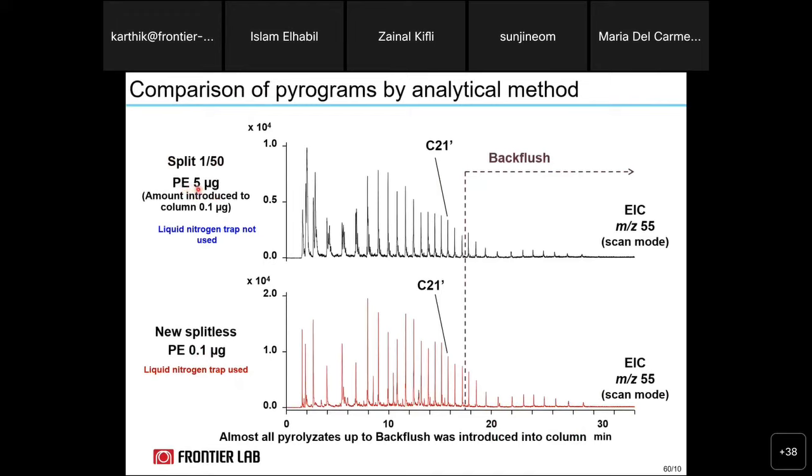So when we say 5, its actual concentration may be like 0.1. In this case, we have not used the liquid nitrogen, and the second one we have used liquid nitrogen. So what it means is, when you use very small mass, the liquid nitrogen cryotrap is really helping a lot to retain your samples.